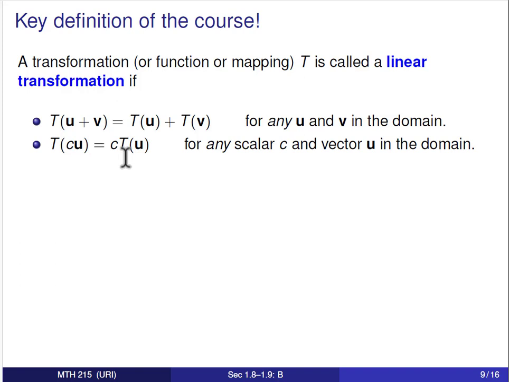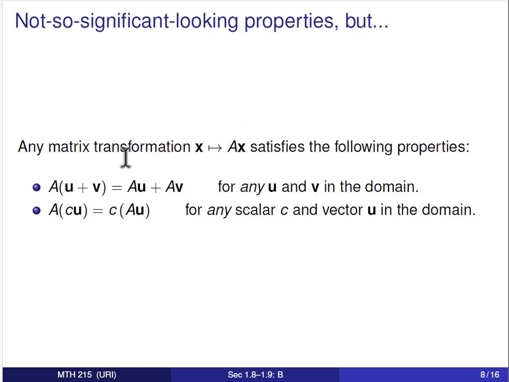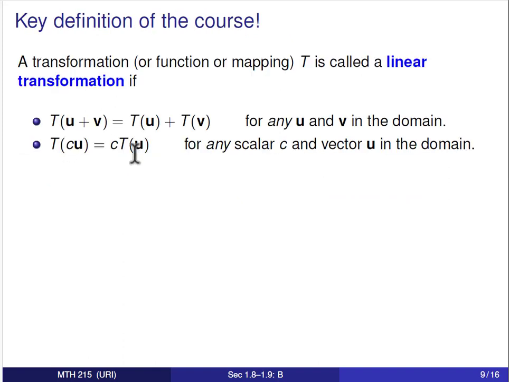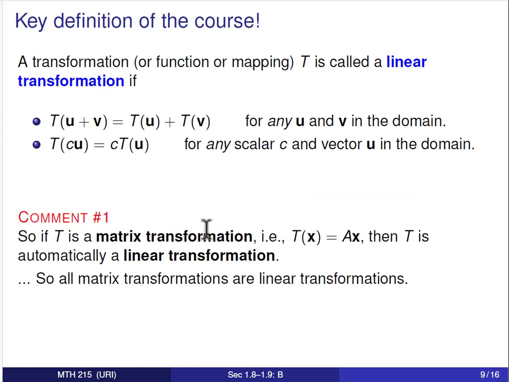Okay, now, comparing that to the previous screen, the two properties look an awful lot alike, but there we were talking about matrix transformations, and here we're talking about linear transformations. So what can we say? Well, if T is a matrix transformation, if T has that matrix times vector form, then T is automatically a linear transformation, just because the multiplication properties satisfy these rules.